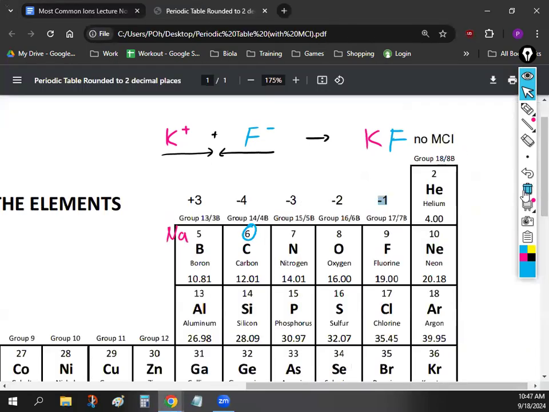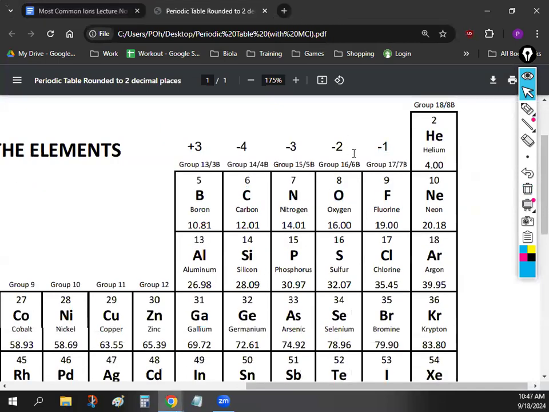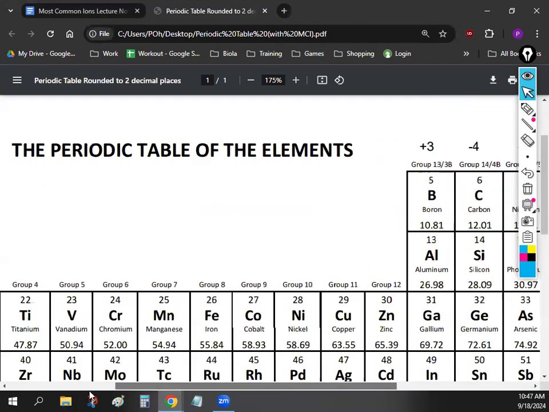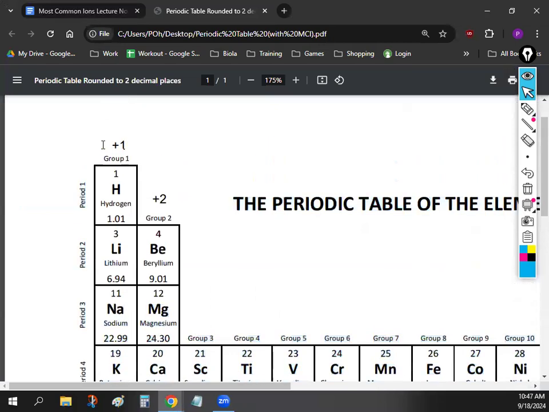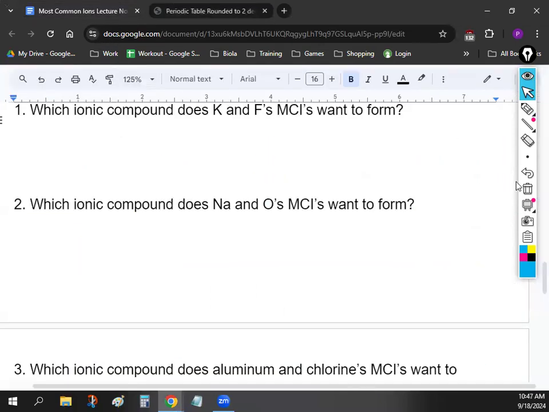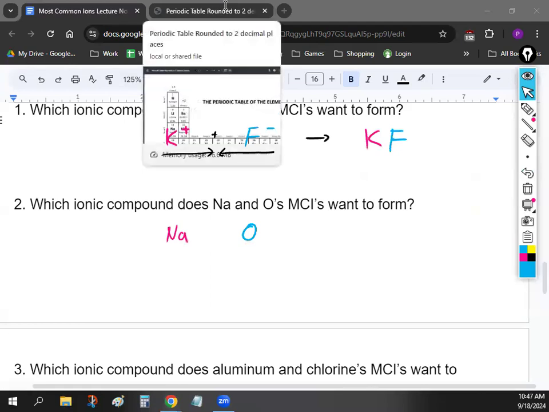All right, so hopefully you found O on the right side. O wants to become 2-, and Na wants to become +1.